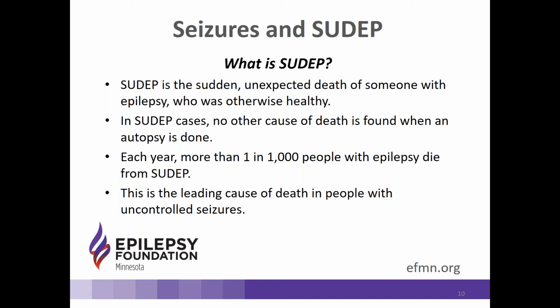Basically, that is 0.1%, which is 1/10 of 1% of people with epilepsy die from SUDEP. So it is rare, but again, it's a reality that does happen to some people. And when it does happen, especially if it's celebrities, we hear about it in the news. And so I want to make sure people understand what it is and who's at risk. It is the leading cause of death in people with uncontrolled seizures.